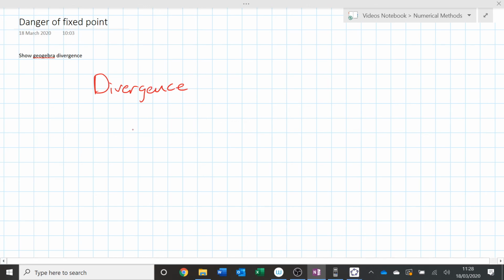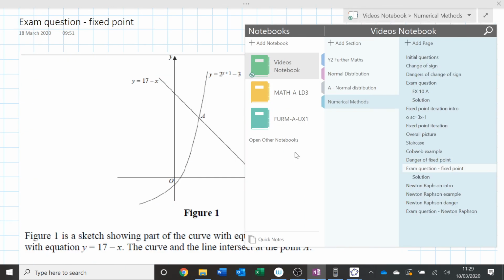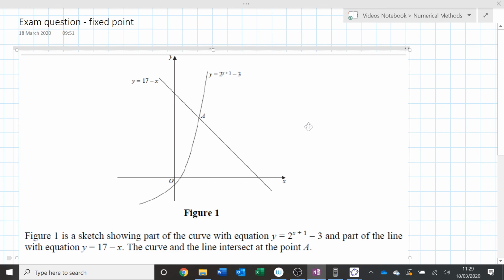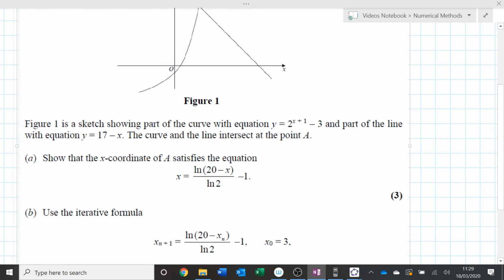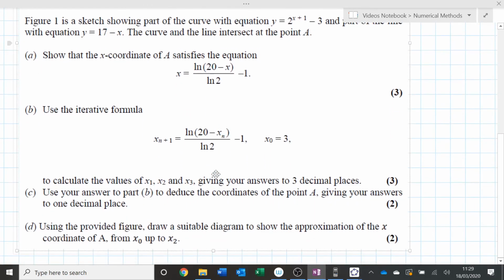I am going to give some suggested questions for you to have a go at. So this is exercise 10b, and I recommend you have a go at questions 3, 6, 7, and 10. It is worth noting that I'm not going to do this exam question, but this is what an exam question might look like. You might have to rearrange some equations to find the iterative formula.